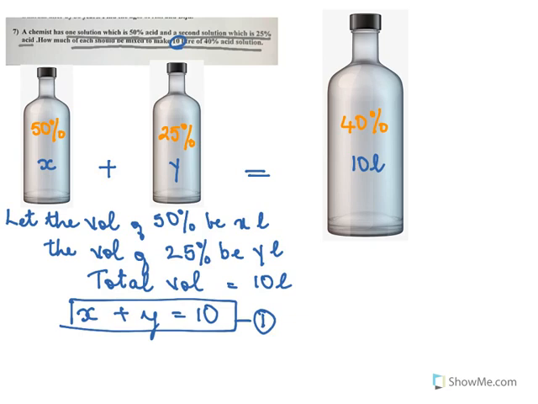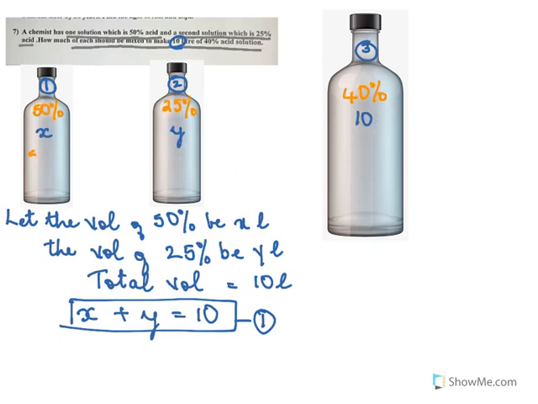Now for my second equation, I am going to take the amount. So the amount of acid in bottle 1 plus the amount of acid in bottle 2 will be the total amount in bottle 3. So in bottle 1 I have 50% of X. In bottle 2 I have 25% of Y. And in bottle 3 I have 40% of 10.